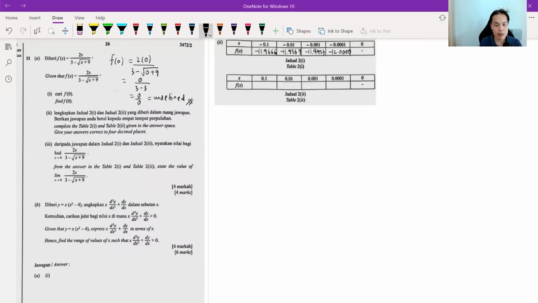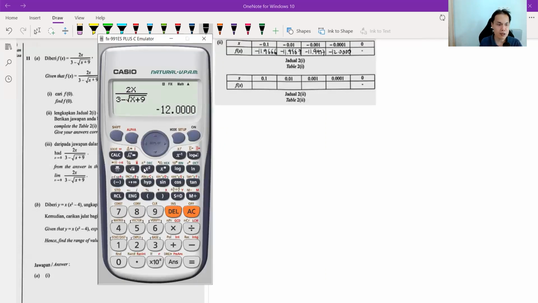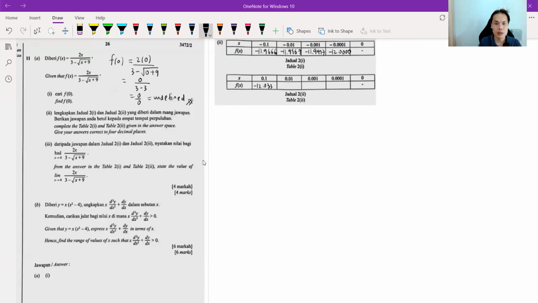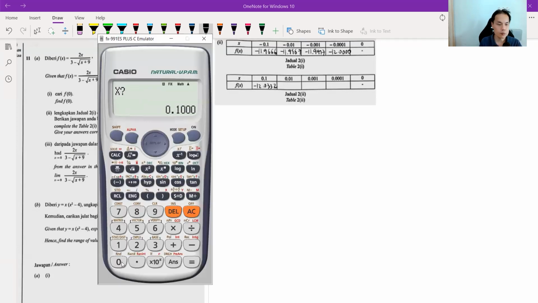All right, let me repeat with the positive value 0.1. Okay, this is going to give us negative 12.0332. Next one, I'm going to use 0.01. This is negative 12.0034.